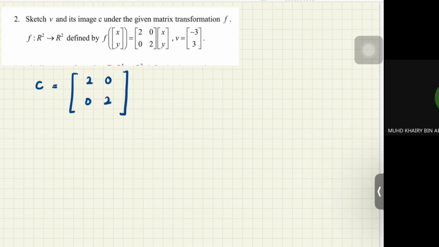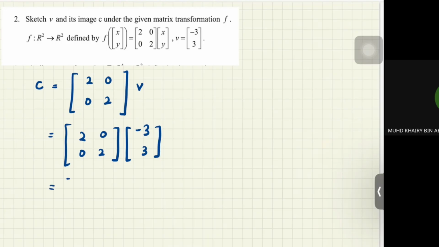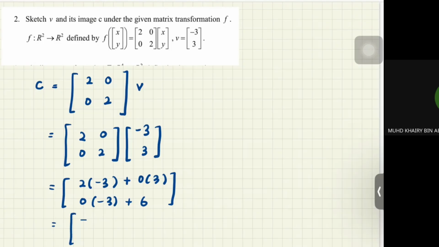Write down the vector (minus 3, 3) and multiply: 2 times minus 3 plus 0 times 3, 0 times minus 3 plus 2 times 3. Simplify, you will get (minus 6, 6).